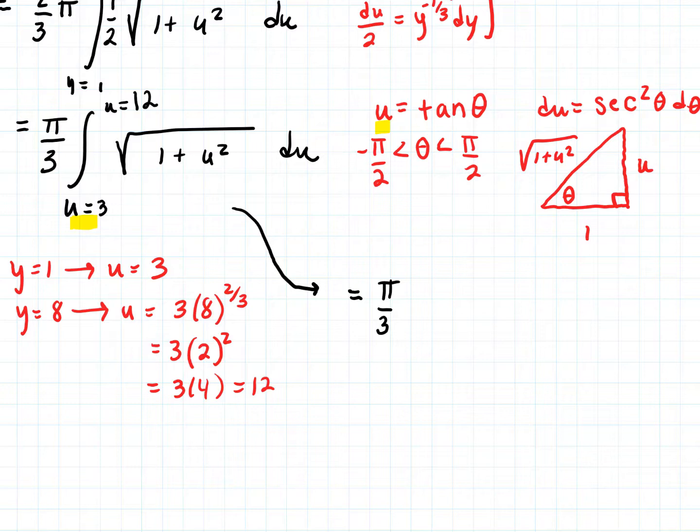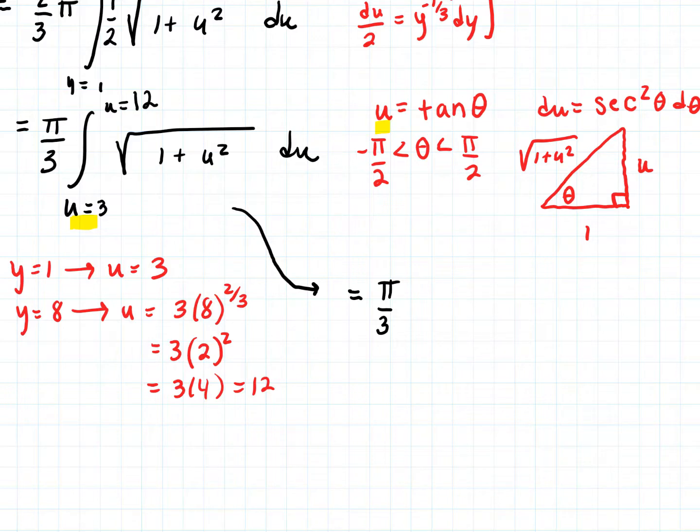Those aren't my special angles, like pi over 4 or pi over 3 or pi over 6. So I would have to either use a calculator to get an approximation, or just carry the exact values all the way till the end to get my exact answer for the surface area. So I'm going to instead use the triangle to get back in terms of u, and then I can just plug in my u bounds. So that's how I'm going to approach this problem.